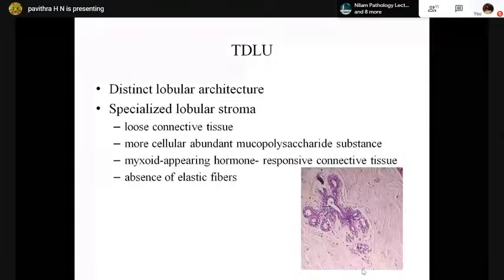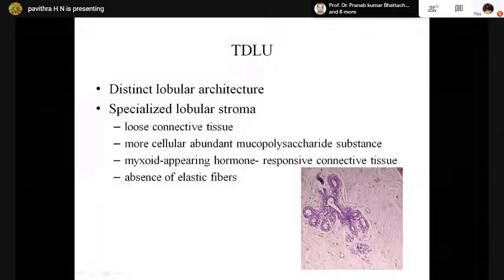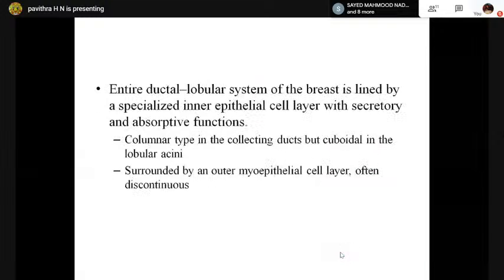The area surrounding the breast has abundant elastic fibers, which are lacking in the terminal duct lobular units. And the entire ductal lobular system of the breast is lined with a specialized inner epithelial cell layer with secretory and absorptive functions. So we have one inner epithelial layer, and the other one is the myoepithelial layer, which is on the outer side.